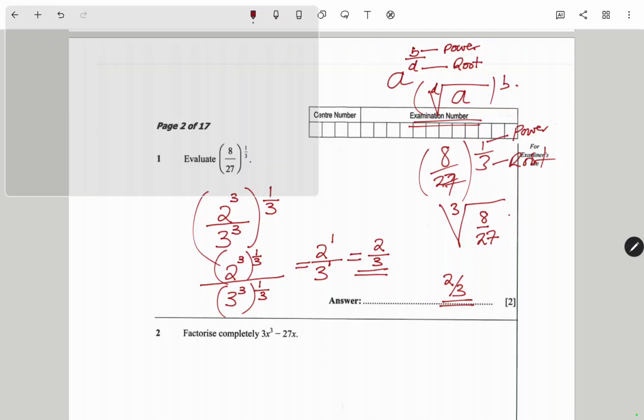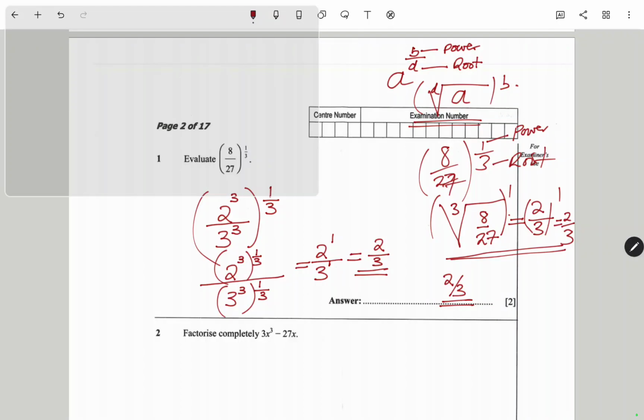We're looking for a number that when multiplied 3 times should give us 8. That number is 2. So it is 2 over the cube root of 27, which is 3. Remember, all this is raised to the power 1, so it will still give us 2 over 3. So this is another method that you can use to solve this question.